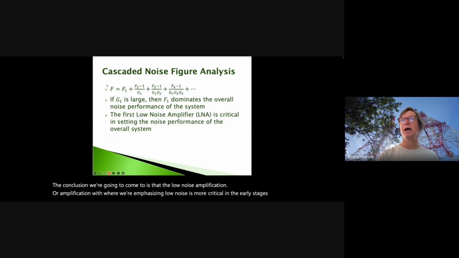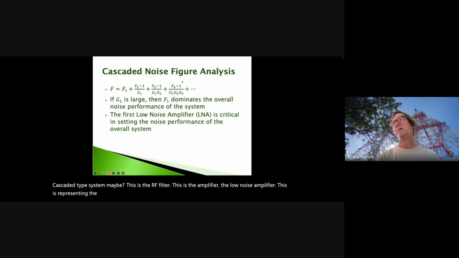So the idea here is we're not going to derive these equations, but if you look at a cascaded type system, maybe this is the RF filter, this is the low noise amplifier, this is representing the mixer, maybe a post mixer amplifier, that type of thing, right?